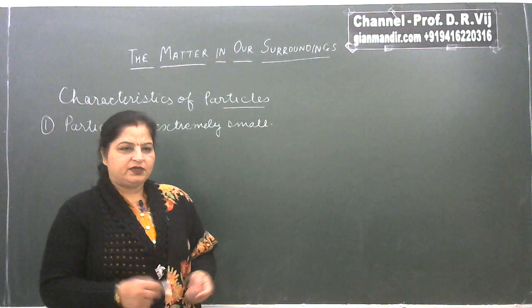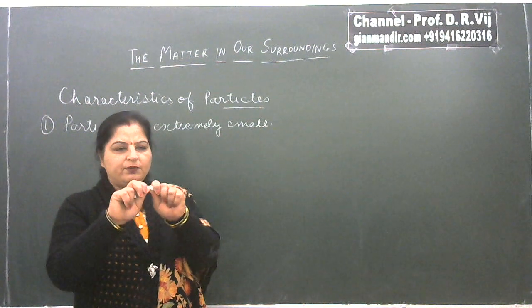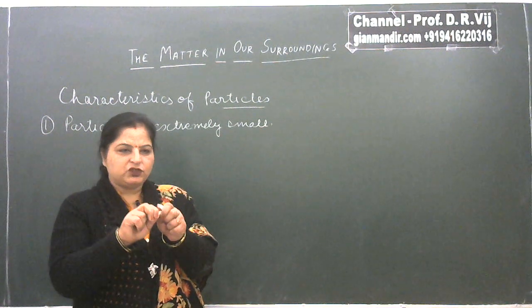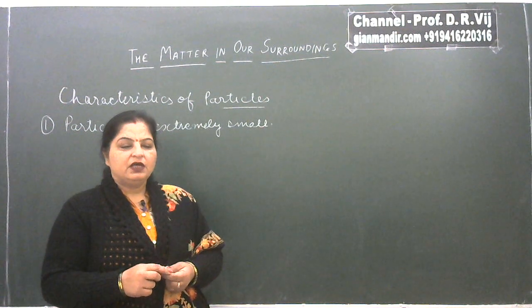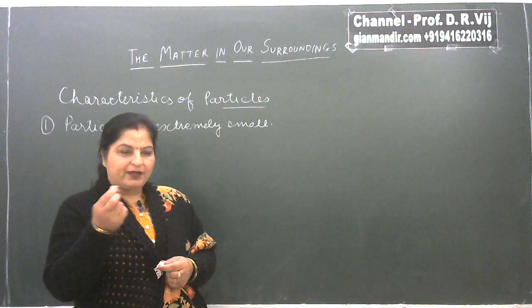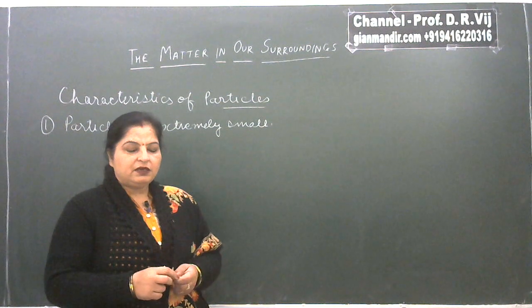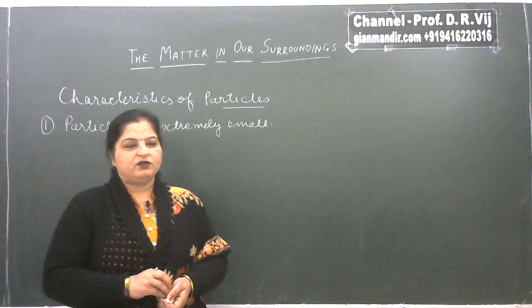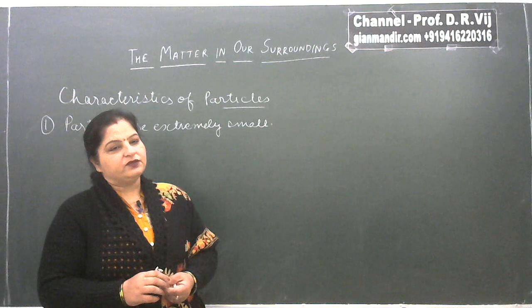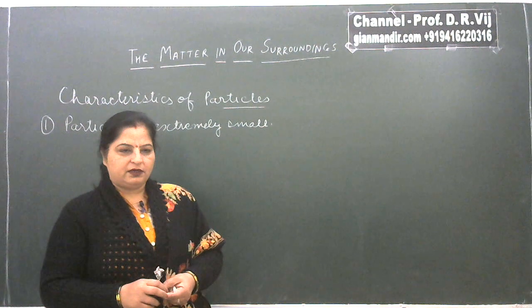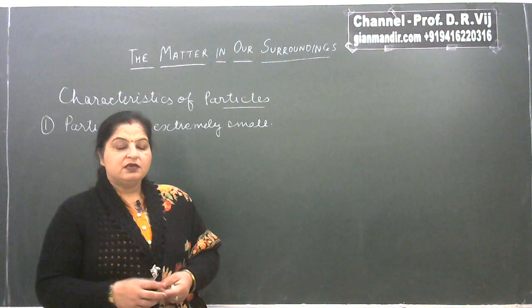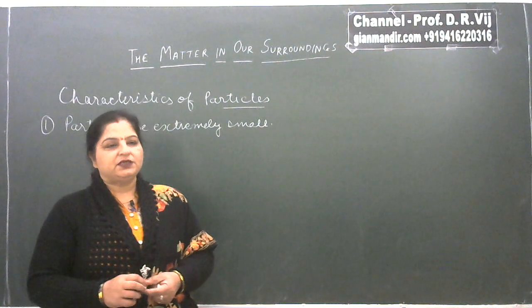As we discussed in the last lecture also, if you keep on breaking a piece of chalk, you keep on breaking and breaking, and then you will reach a very small particle. Maybe the particle is so small that it is not visible to our naked eyes, right? So we can say that all matter is made up of particles, and these particles are small beyond our imagination.